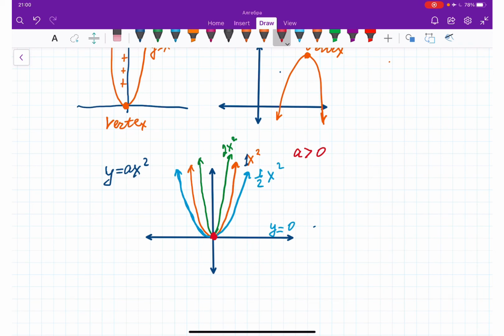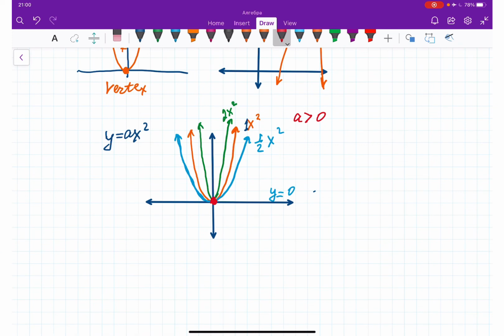Okay. Now, let's look at when a is less than 0. So I'm starting with negative x squared. Negative x squared is like you take x squared and reflect it about the x-axis.